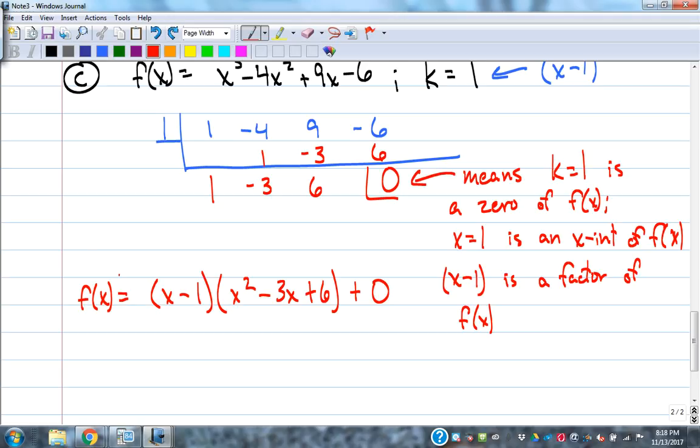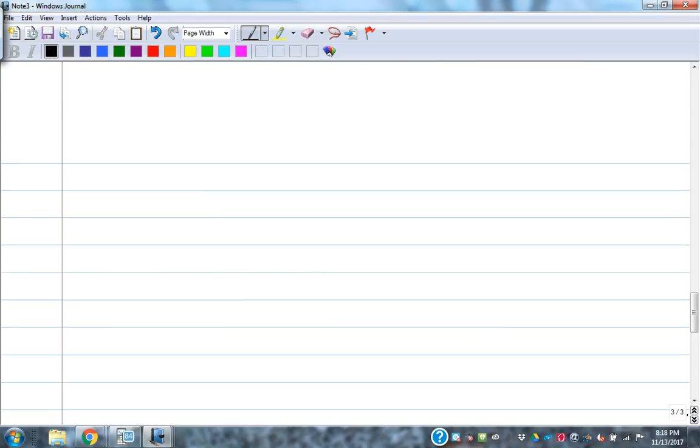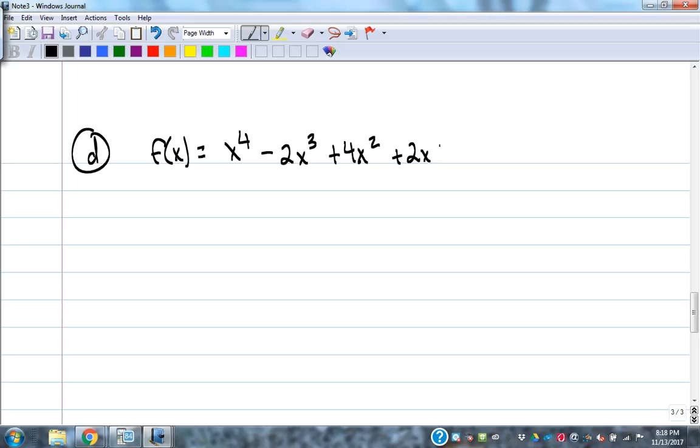All right, let's look at another one. Here's our function. F of x is equal to x to the 4th power minus 2x cubed plus 4x squared plus 2x minus 5. And we want to decide about k equals negative 4. Is that a 0 of that polynomial?